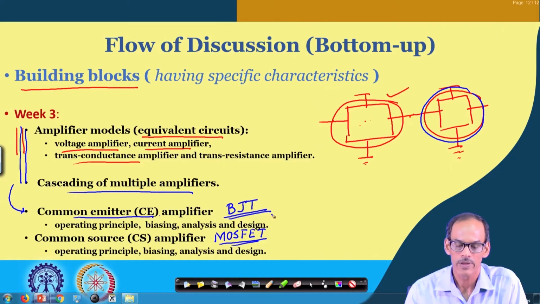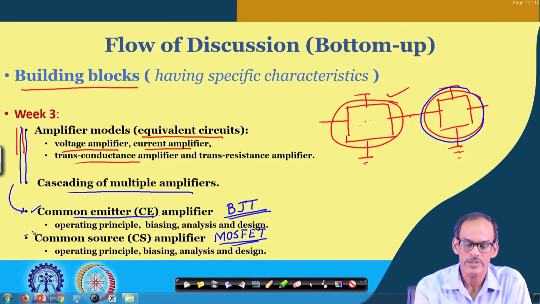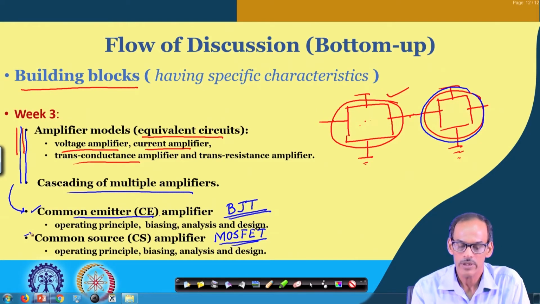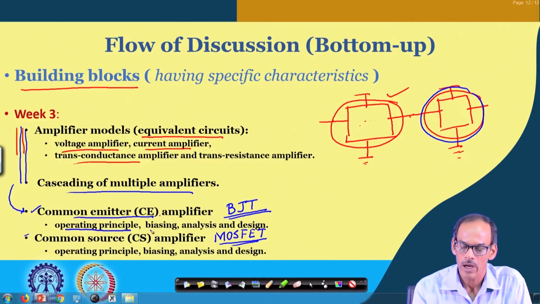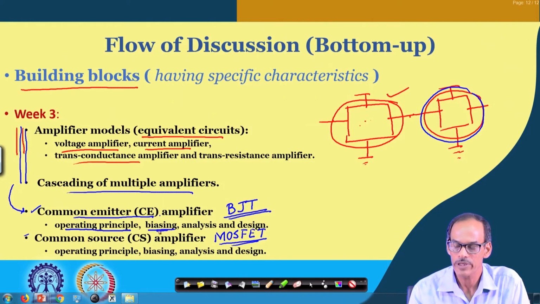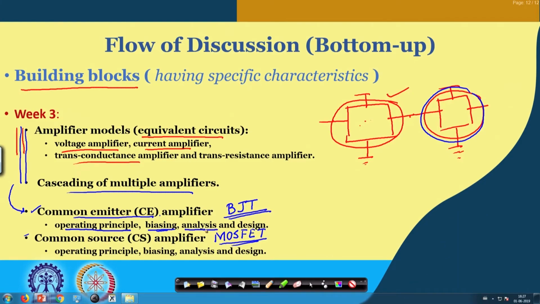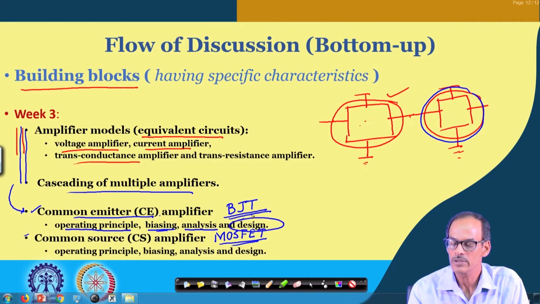While discussing each of these amplifiers, the emphasis we will give is on the operating principle of those circuits, and then biasing, how we keep the active device in the appropriate region of operation so that it is successfully amplifying, and then what the analysis approach may be, and the design procedure to be followed.